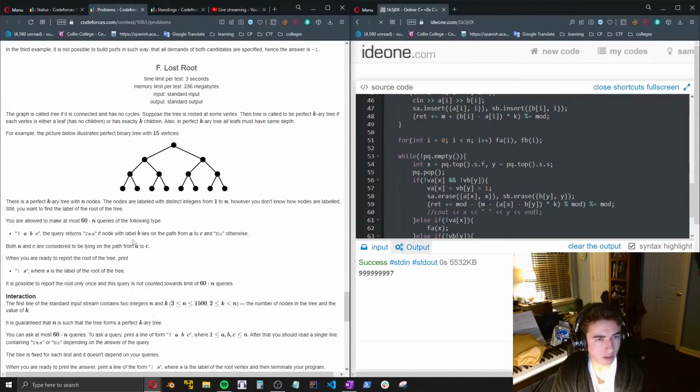K-ary tree. K-ary tree. Turns out B lies on the path from A to C. 60 times M queries.